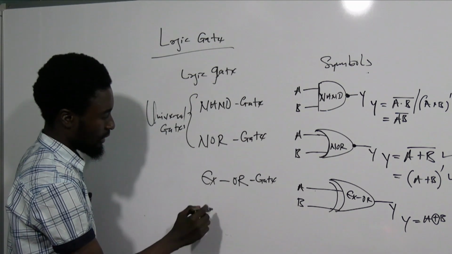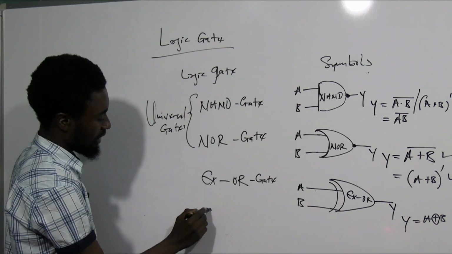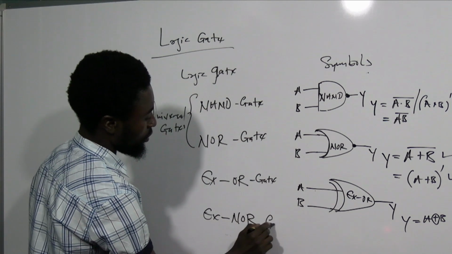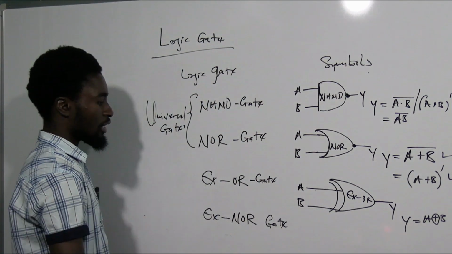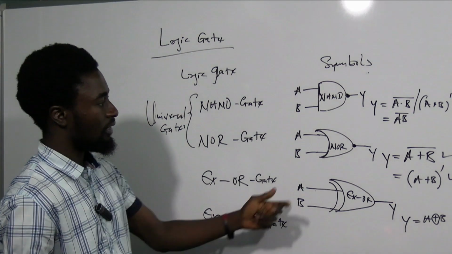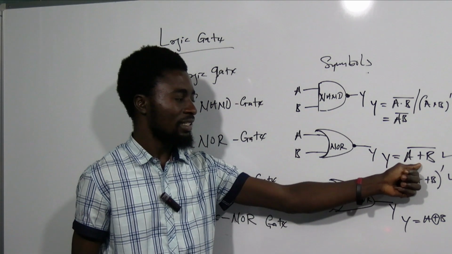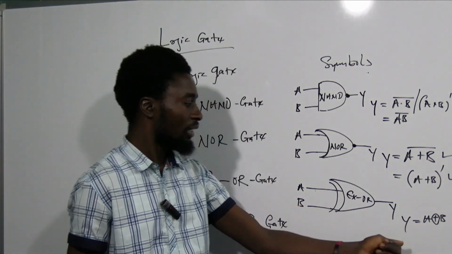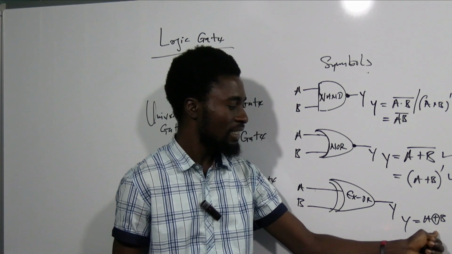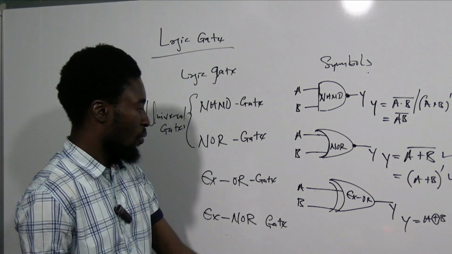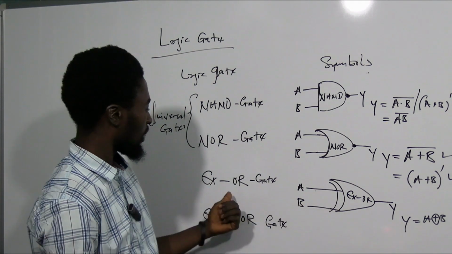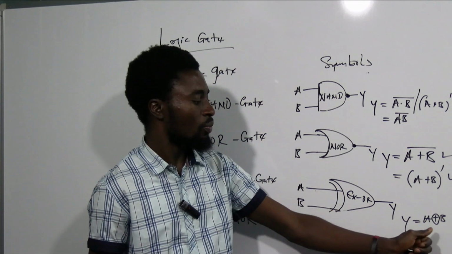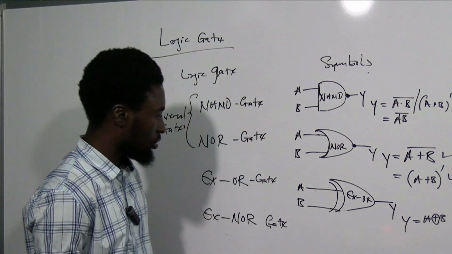And we also have to look at the exclusive NOR gate. The exclusive NOR gate is like having this one as output, and having this one negating this output. We've gotten the output for the exclusive OR, so it is not this output; we are taking the complement of this output. So how to draw that one?